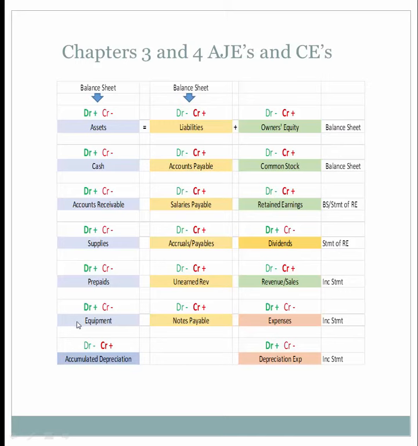Since this is associated with long-term assets, and the example we have here is equipment, which is increased with the debit, our increases to accumulated depreciation will be increased with the credit. And we also learned about depreciation expense. It is also found on the income statement and increases with the debit.